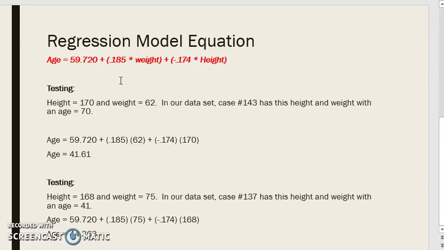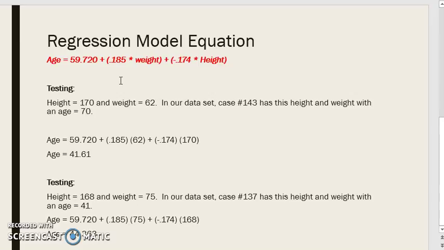So using a height of 170 and a weight of 62, in our data set, case number 143 has this height and weight at an age of 70. Inputting 170 and 62 into our equation, the equation predicts age at 41.61. Well, the age in our data set is 70. So again, we're off by 28, 29 years.